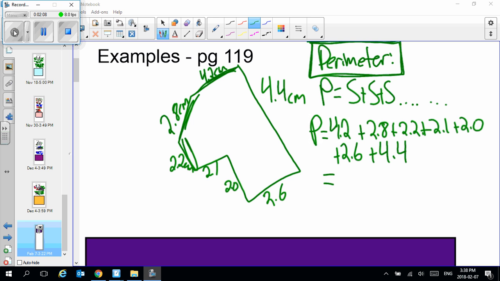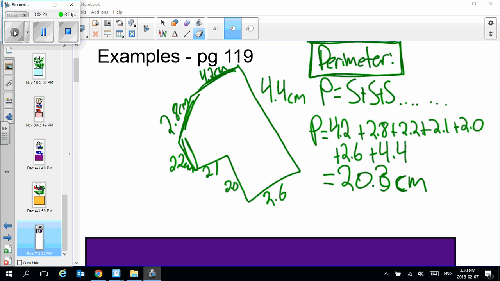I punch all of those into my calculator, and I wind up with a total of 20.3 centimeters. So we've got 20.3 centimeters as our final answer.